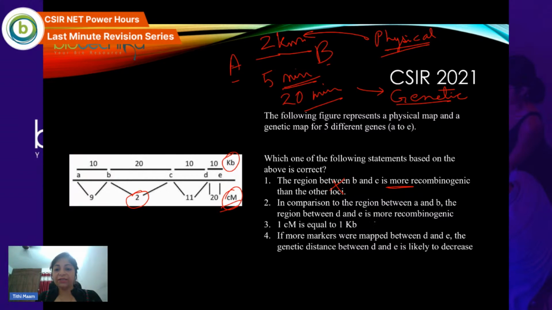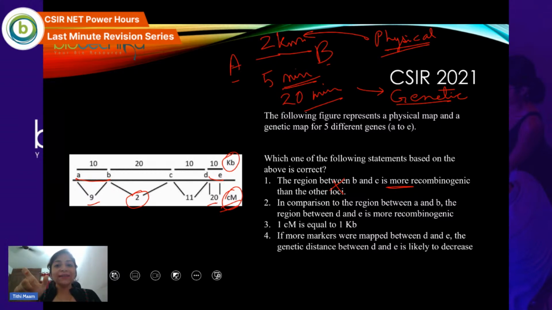region between D and E is more recombinogenic. So if we compare AB and DE, AB is 10 kb, DE is also 10 kb. So the physical distance between them is the same. What about the recombination frequency? Recombination frequency for AB is 9, whereas for DE is 20.